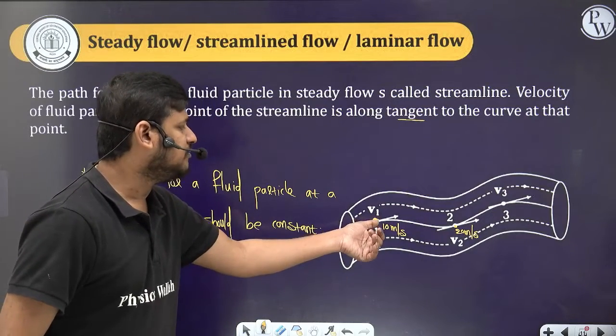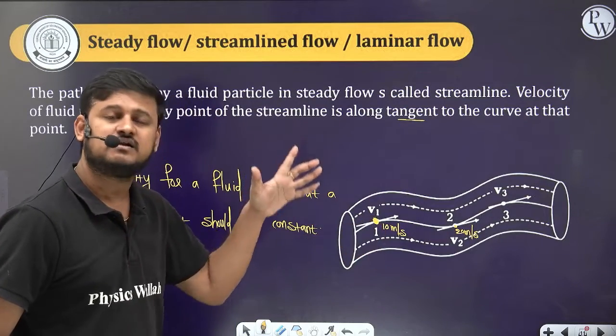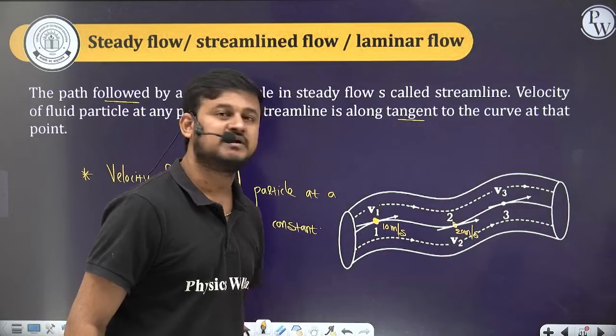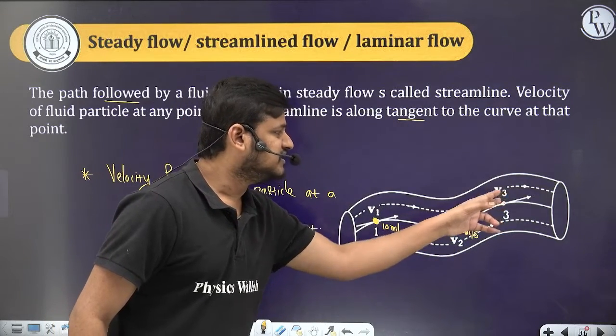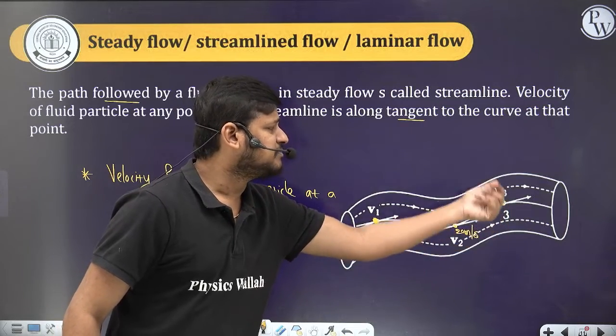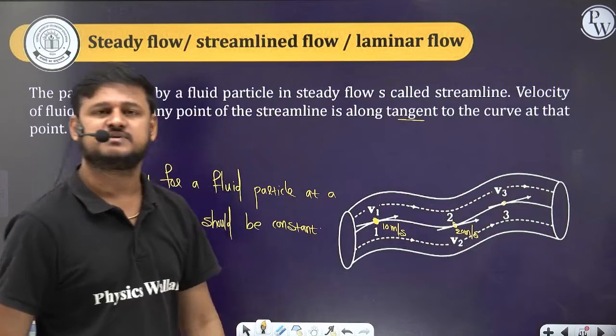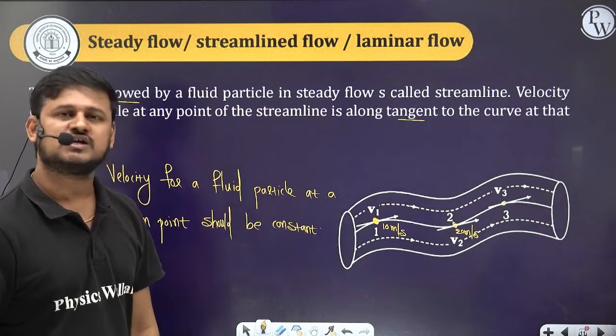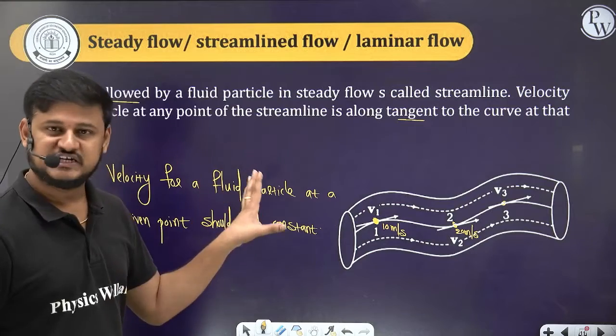Here all the particles of fluid should have 10 meter per second. Example, and here they should have 20 meter per second. Let's suppose here the velocity is 30, so all the particles which are passing through this point should have 30 meter per second. Then it's called the laminar flow or the steady flow or the streamline flow. Definition is clear.